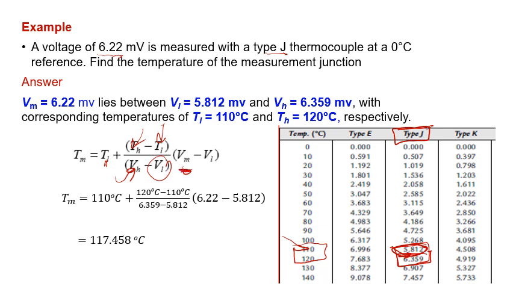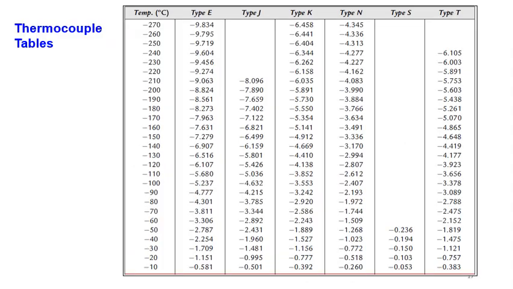Measured quantity is, as he said, 6.22 millivolt, minus V low, which is the lower voltage. When you calculate it, the result is 117.4, which logically comes between 110 and 120. That's how we can deal with this kind of example. When we are measuring the voltage and we find it's not directly available in the table, we can apply this equation to calculate the exact temperature.